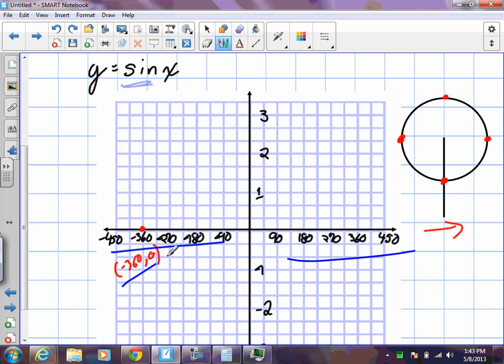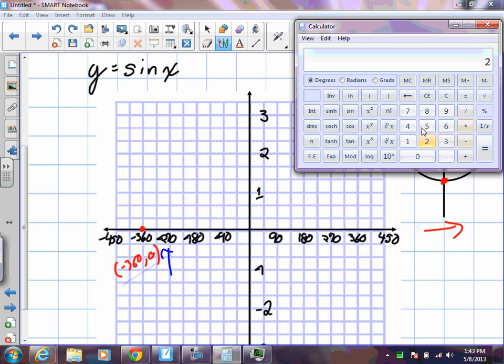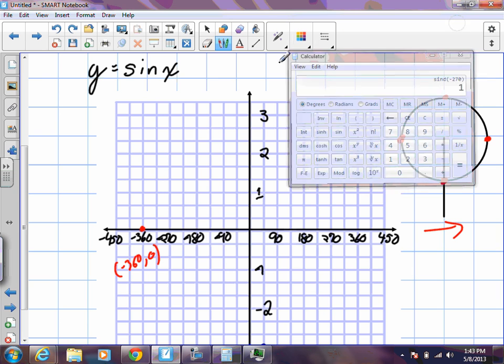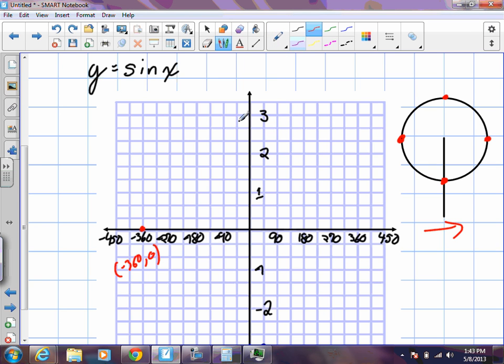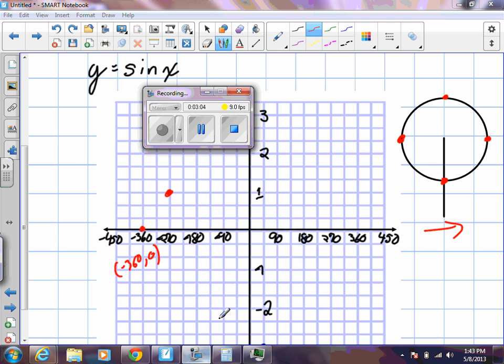Let's go to our next value we have on the chart, specifically negative 270. When x is negative 270, our y value is 1. Okay, so I've gotten a 1 here. Let's go to the next one, negative 180.